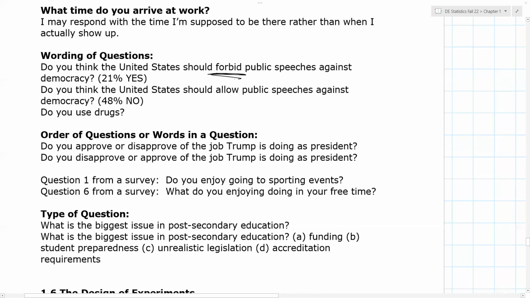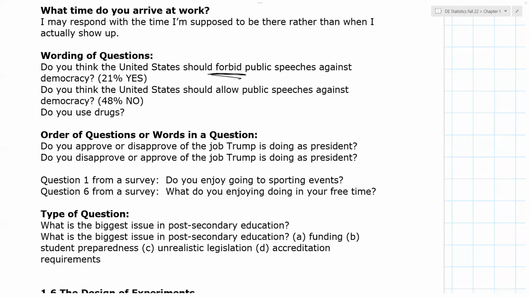You're going to get an increase of people saying, no, we shouldn't forbid things. I'm an adult. I should be able to do whatever I want. You can't force me not to do this, or you can't force me to do this. And so those types of words evoke emotion, and they're intended to get people to answer in a certain way.